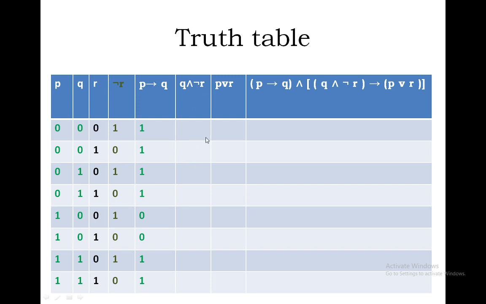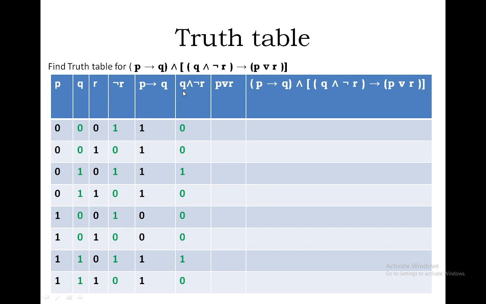Next we have to find out Q and negation of R. For this, Q is one input and negation of R is the other input. When is a conjunction going to be 1?